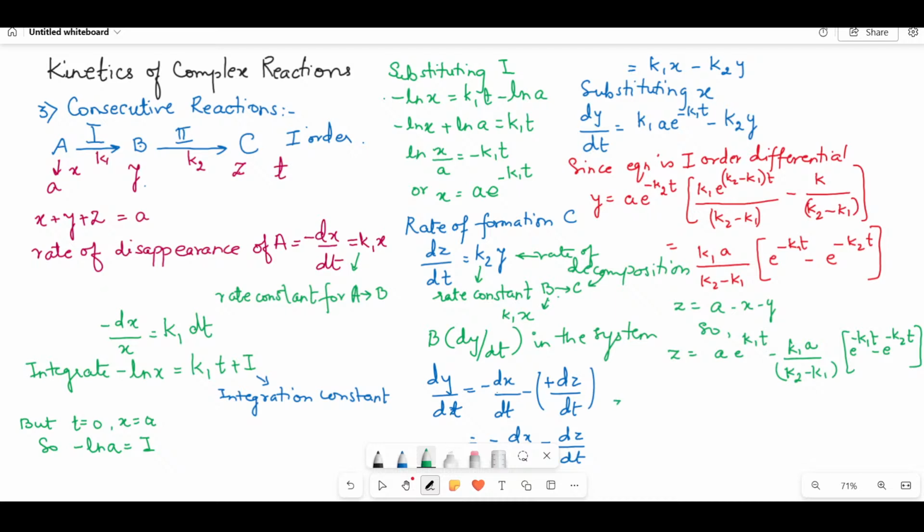Or you can say z is equal to a divided by k2 minus k1, which is common, (k2 minus k1 minus k2 e raised to minus k1t plus k1 e raised to minus k1t minus k1 e raised to minus k1t plus k1 e raised to minus k2t).